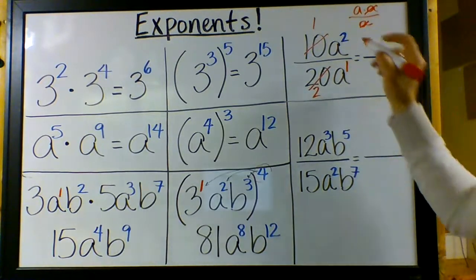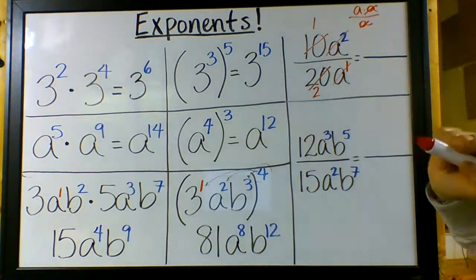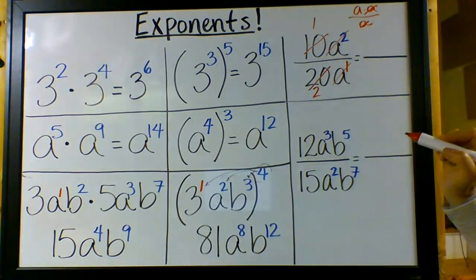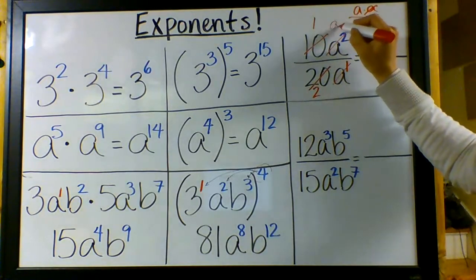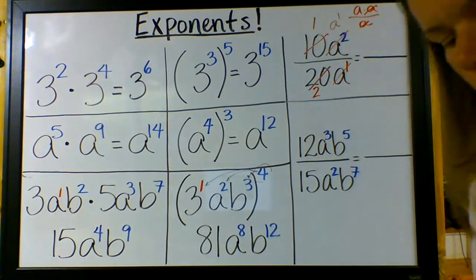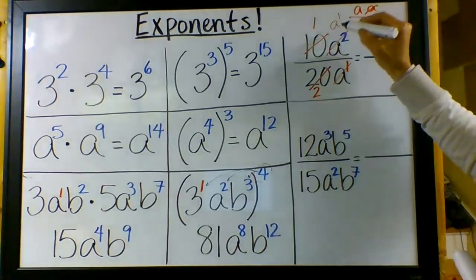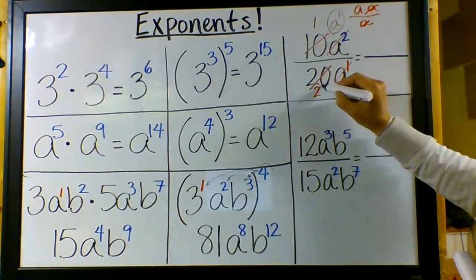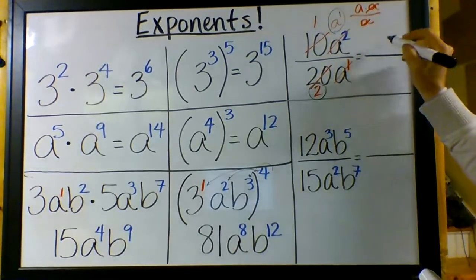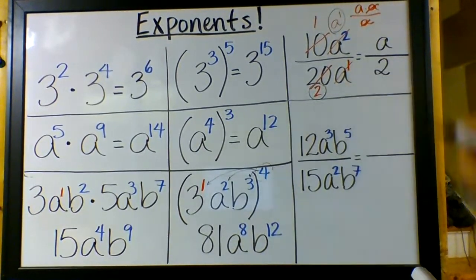So recall that I would cross out both of them. We're going to subtract those exponents. That's what's ultimately going to happen. And I'm going to have an a to the first in the numerator up there. So usually, especially if it gets bigger and complicated, I circle what is left over. And in this case, I've got a over 2.